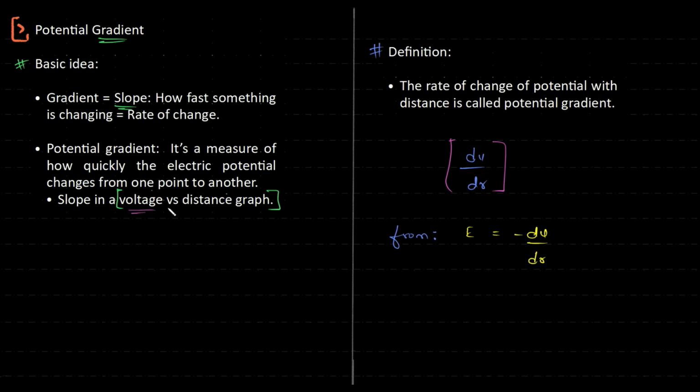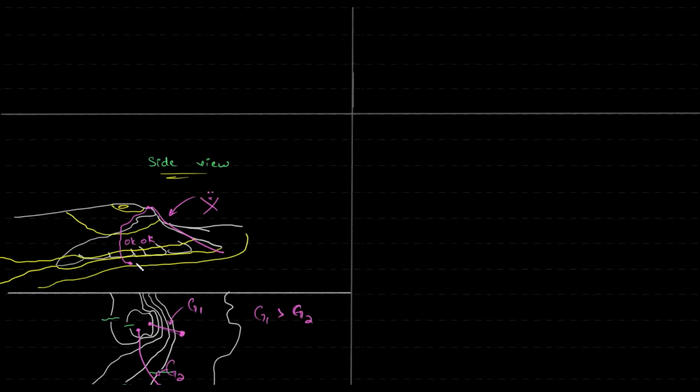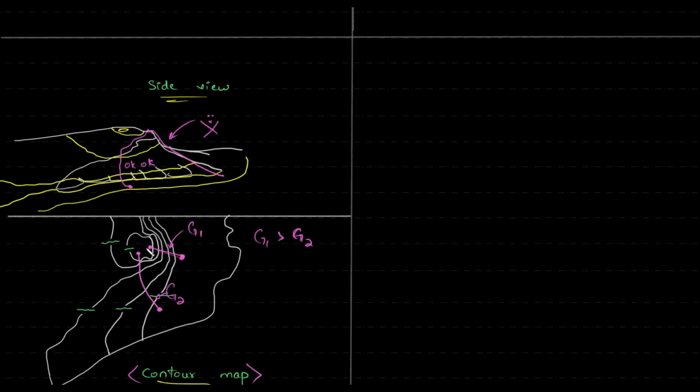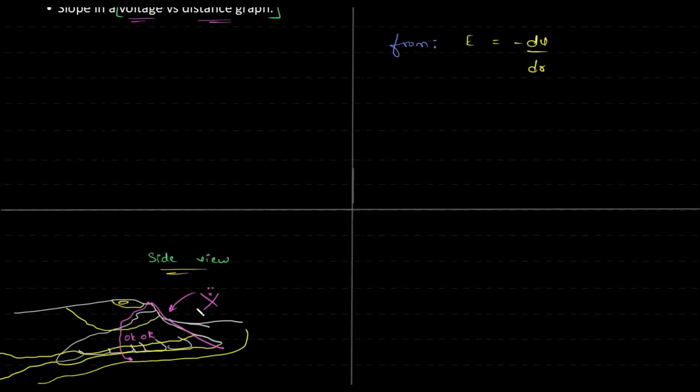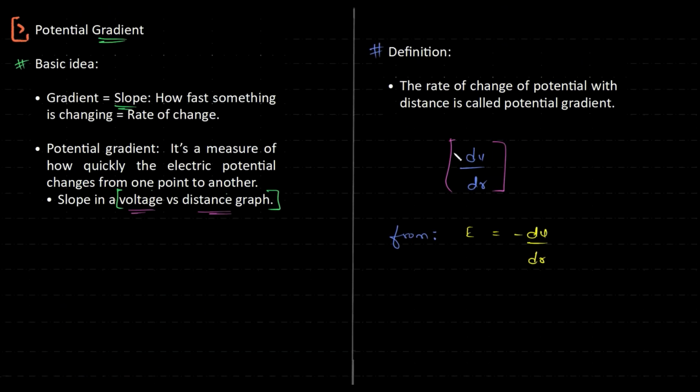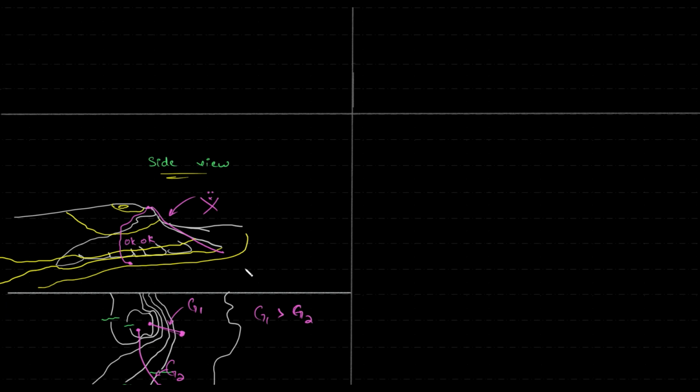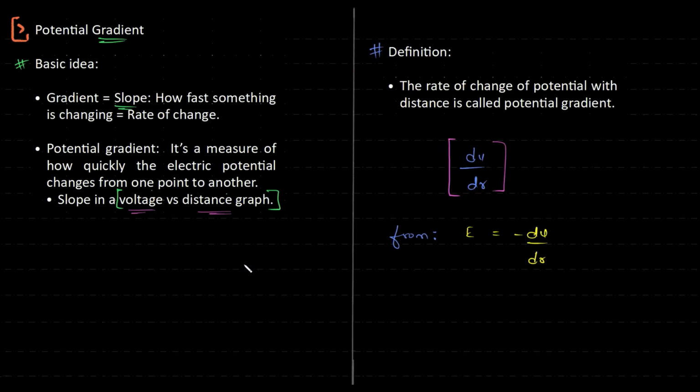And if we draw a voltage versus distance graph in space, we might end up with such scenarios, and this will have a lot more gradient than this. Okay, you just have to know the term. We'll have another video talking about the mapping and all of that, so we need to know those. Actually, it is much easier than what we are trying to tell over here. For now, just know that potential gradient has to do with the rate of change of potential with respect to distance. That's it.